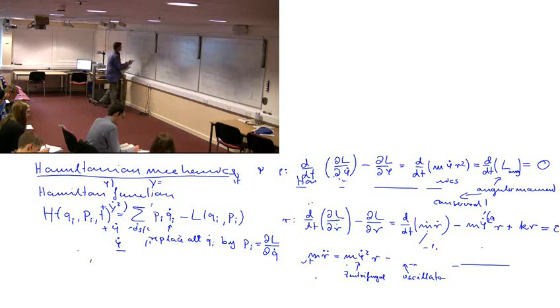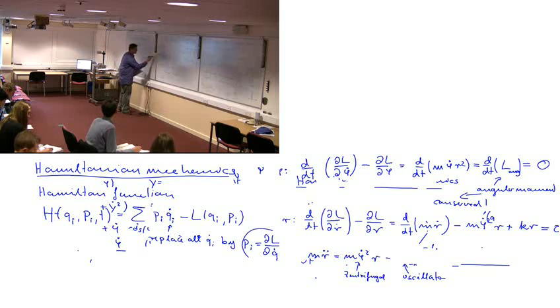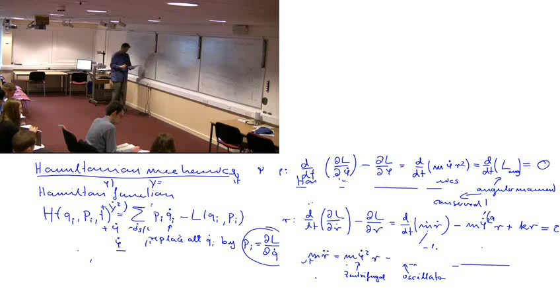So this side is really a function of q and p. And that means that here we have to express all the q_i dots by p_i and q_i using this formula over here. So this side does not explicitly depend on the velocity.